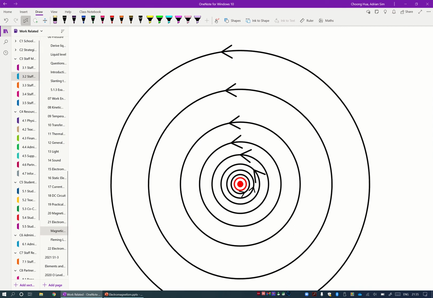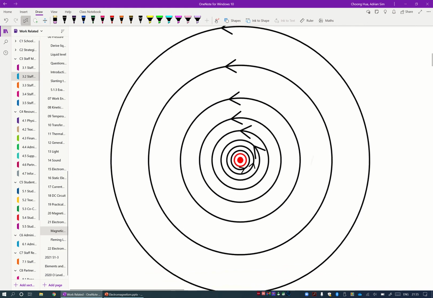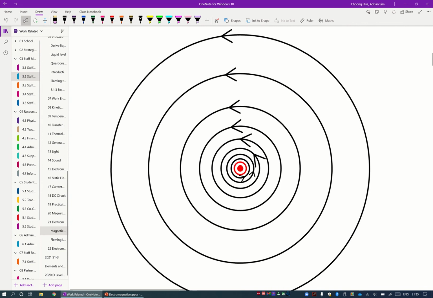In the right hand grip rule, when you align the thumb coming out of the plane, the four fingers will form a circular ring around the thumb, and this circular ring points in the direction of the magnetic field, and hence that's how you draw the arrow as indicated here.